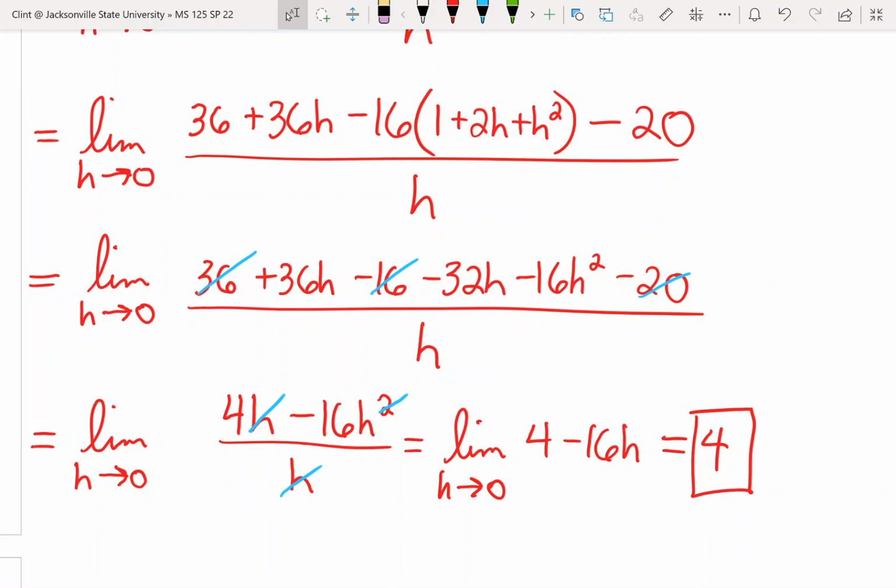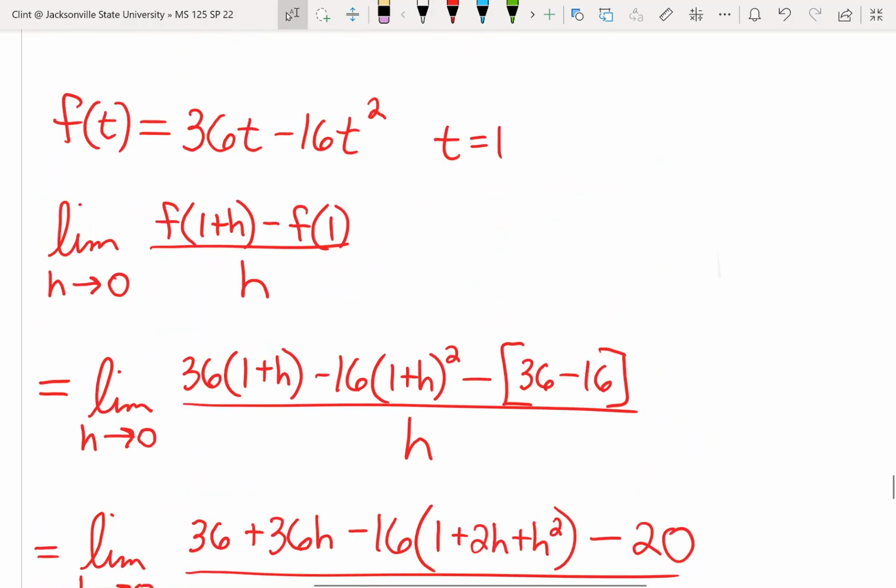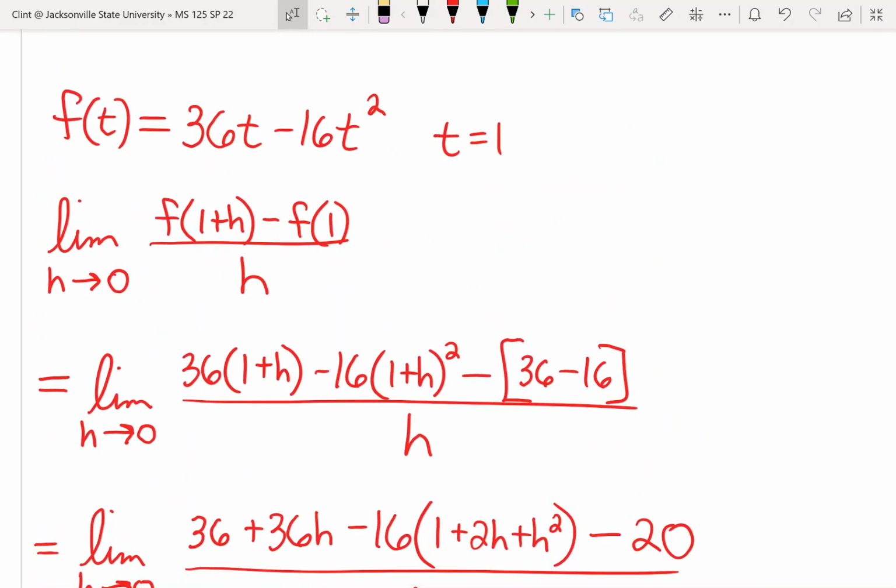And you have to know to use the limit definition of a tangent. The reason we use it is that the slope between two points, the secant line, would just be the average slope. We're looking for instantaneous slope, or instantaneous velocity.